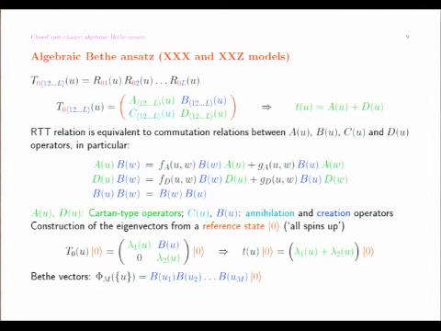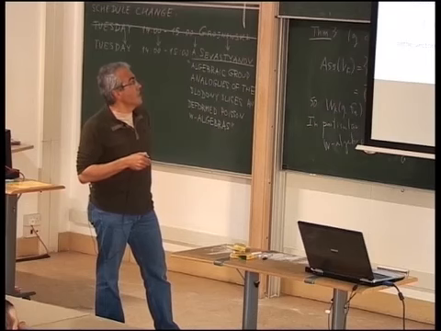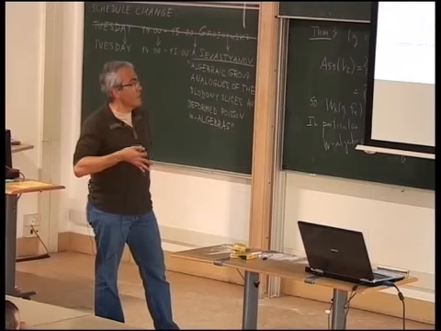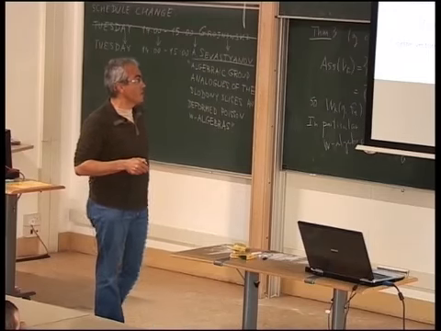And you can compute, using the RTT relation, the relations among A, B, C, D. In particular, you get this kind of relation where F, G depend on the R matrix you started with. So they are just functions, but you can compute them. And you can see that A and D are like Cartan operators, and B and C are like ladder operators.